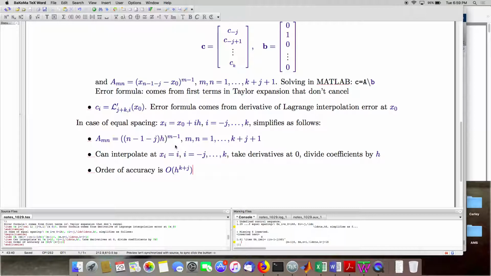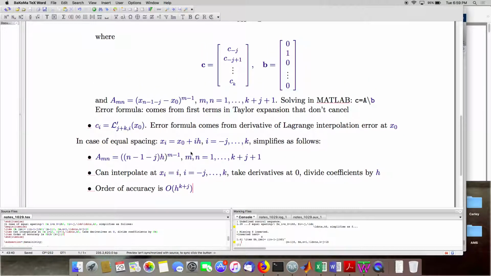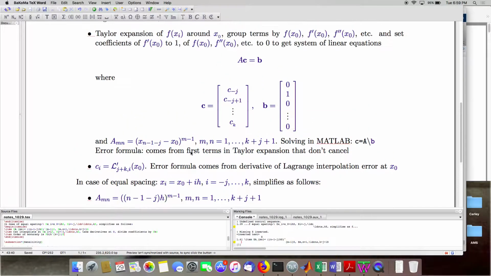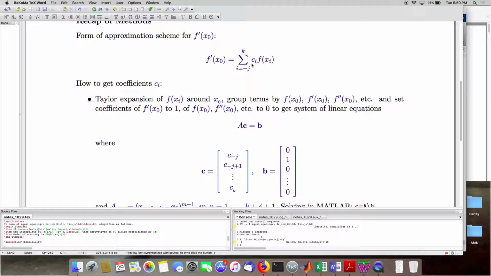So that's what the matrix would look like in that case. Okay, so these are methods in a way that is conducive to coding in MATLAB, for coming up with numerical differentiation coefficients in these schemes.